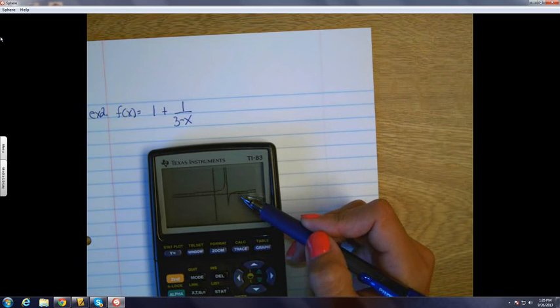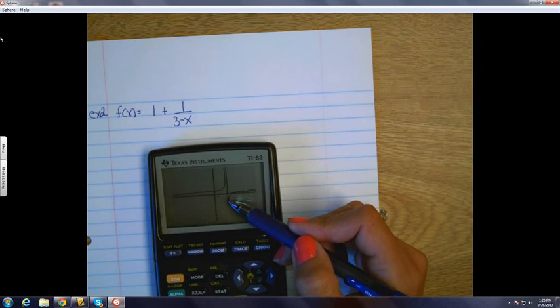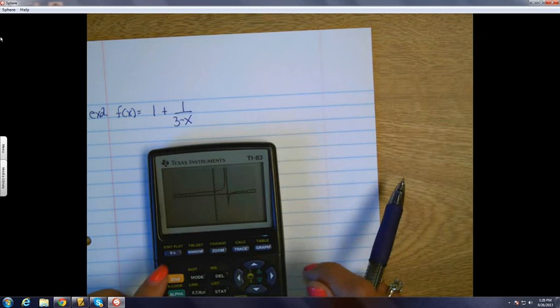Looks like I've got a horizontal asymptote somewhere here, but I can definitely see this is crossing the x-axis. I'm going to get rid of some of that y just to make sure I know what's going on there.